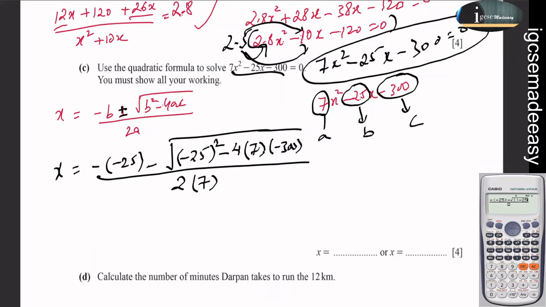So minus 25 square minus 4 into 7 into minus 300, then we will come down, and 2 into 7.